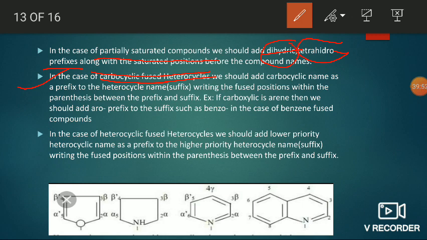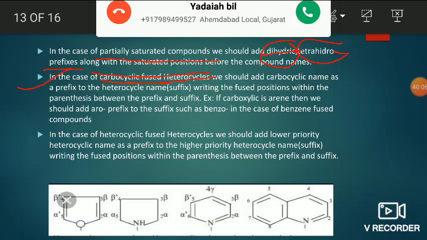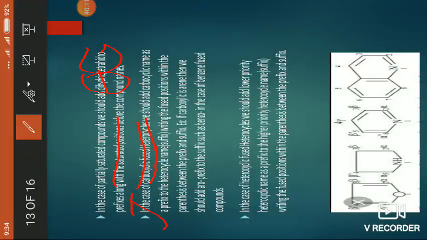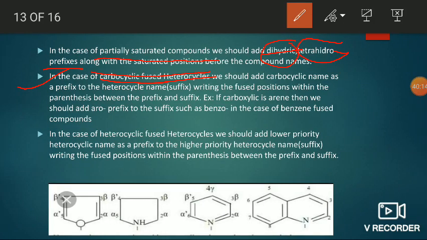In the case of arenes, we should name it as "aro" as a prefix before the name of the heterocyclic compound. For example, in the case of benzene fused compounds, that is, the heterocyclic compound is fused with a benzene ring, then we should add... sorry for the disturbance.